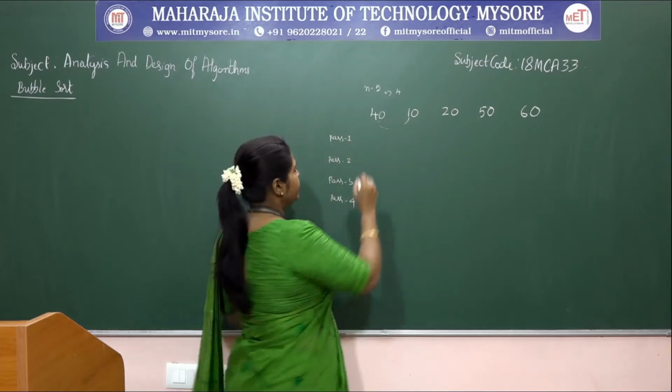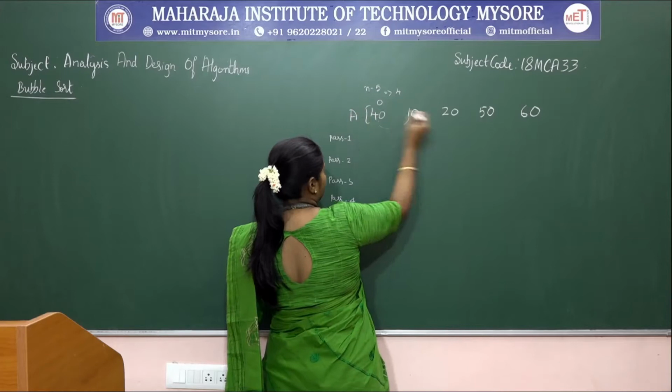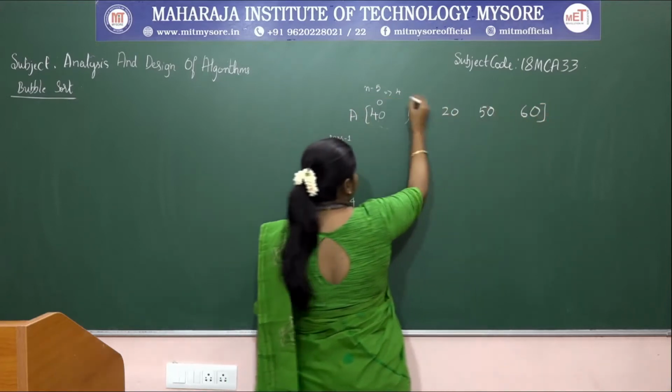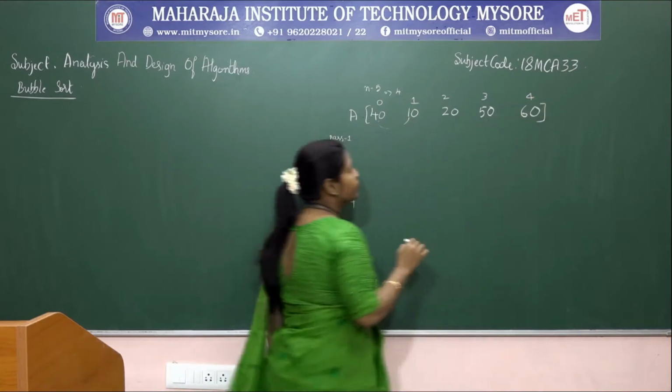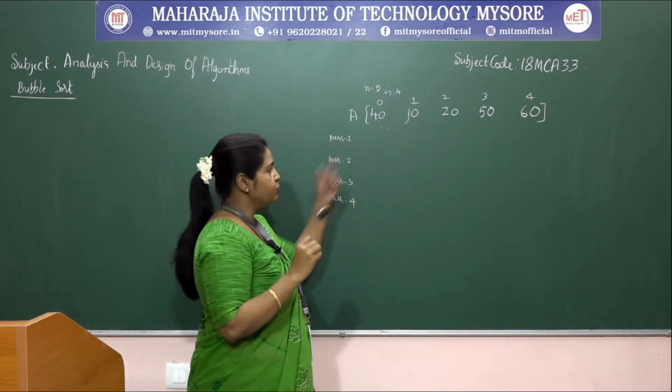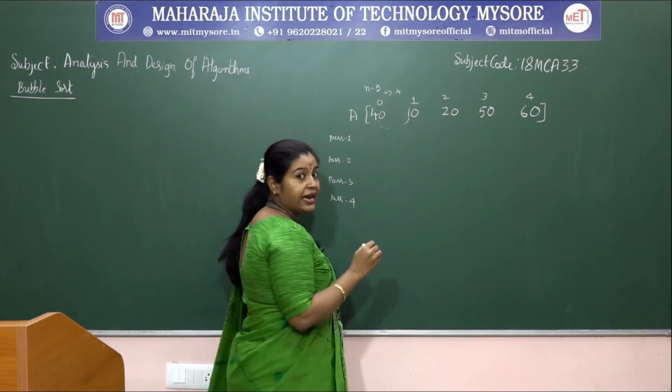In each iteration, let me take the array A, and the indices can be represented using integer values. In each pass we are going to compare adjacent elements.